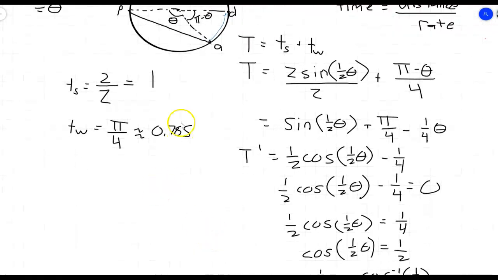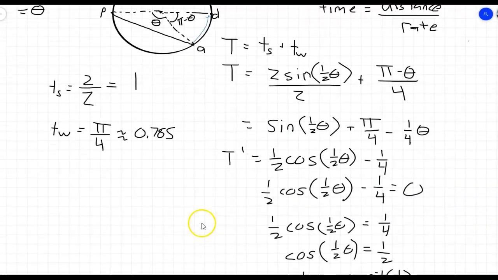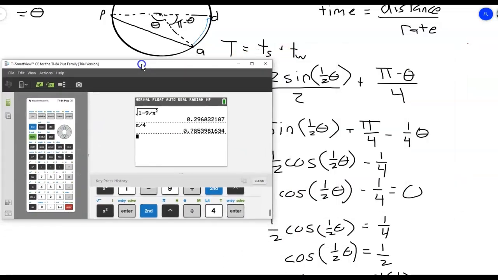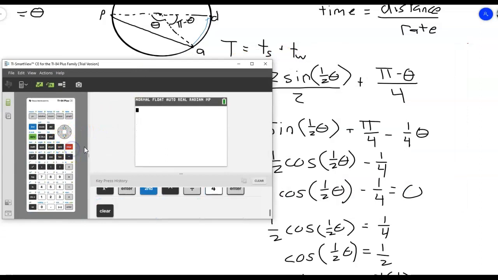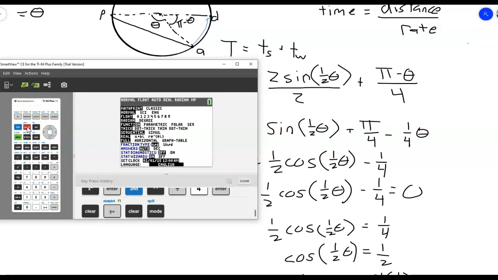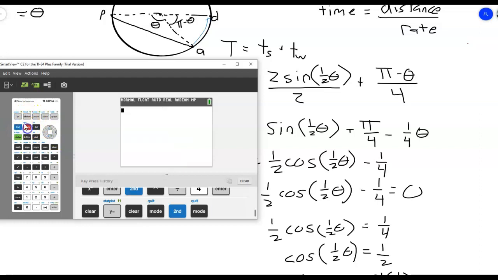So let's check out what that is, and let's go ahead and use our calculator for this part. So remember, this is the function here that we're trying to minimize. So let me go ahead and put that in my calculator here. All right, so this is y equals, and make sure we are in radians, which we are.